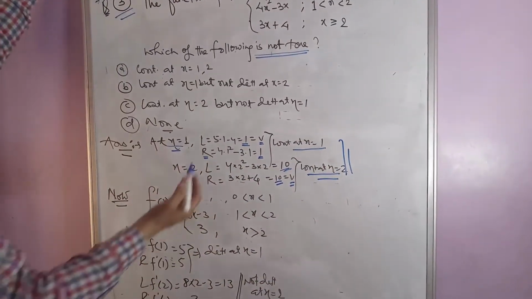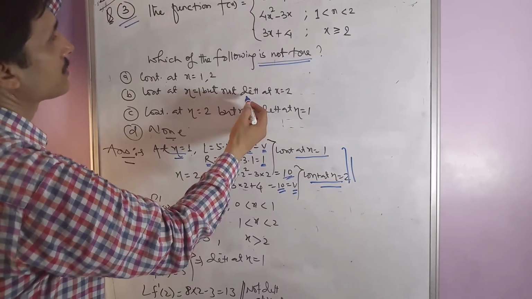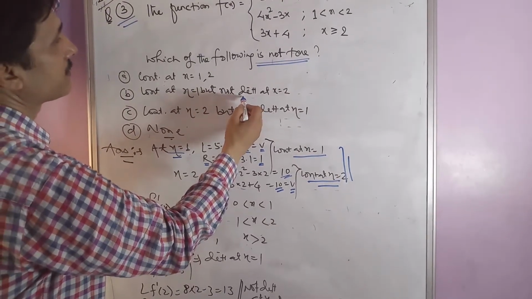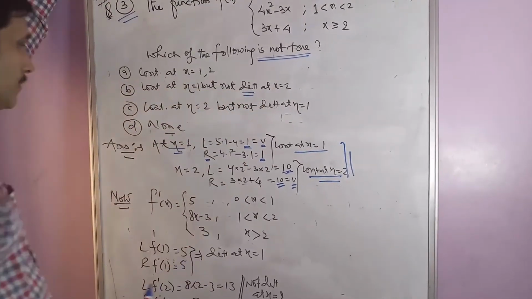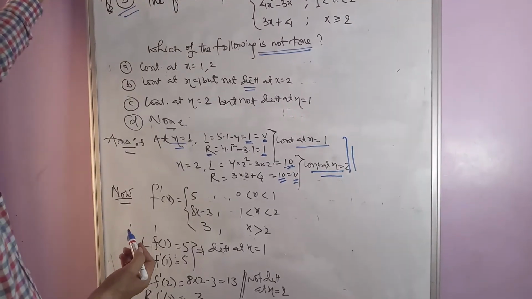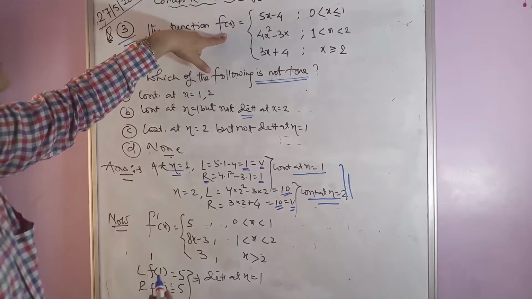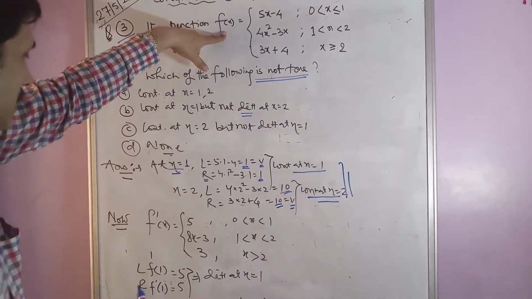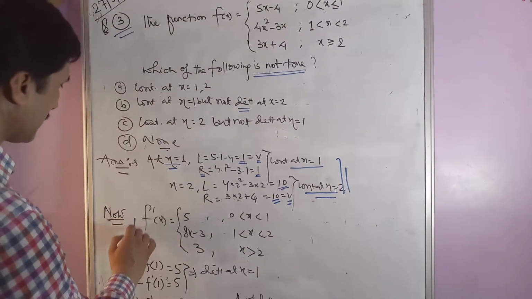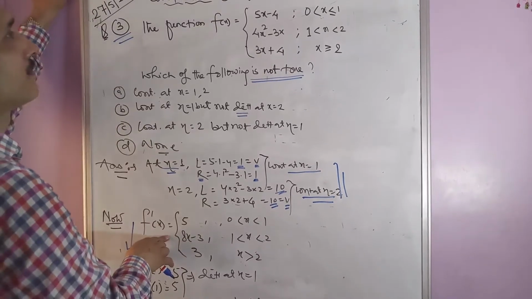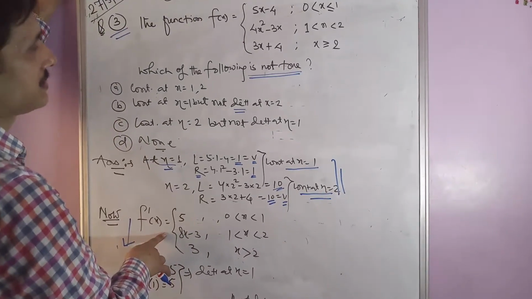Here in option B, we also have to decide the differentiability at 1 and 2. So we first differentiate this function, since the minimum criterion to use this method is that the function must be continuous at the change point.